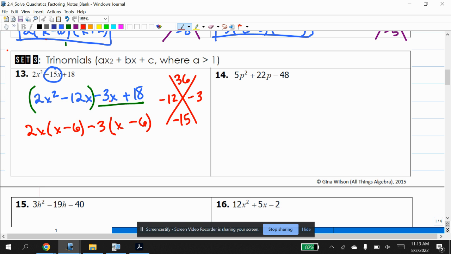Yes, and the key here is those parentheses have to match. If they don't match, something has gone wrong. Okay? So when you pull this GCF out, you've got to pull out the right one to get those to match. If they don't match, you've got the wrong numbers in your x, or the polynomial is not going to factor.